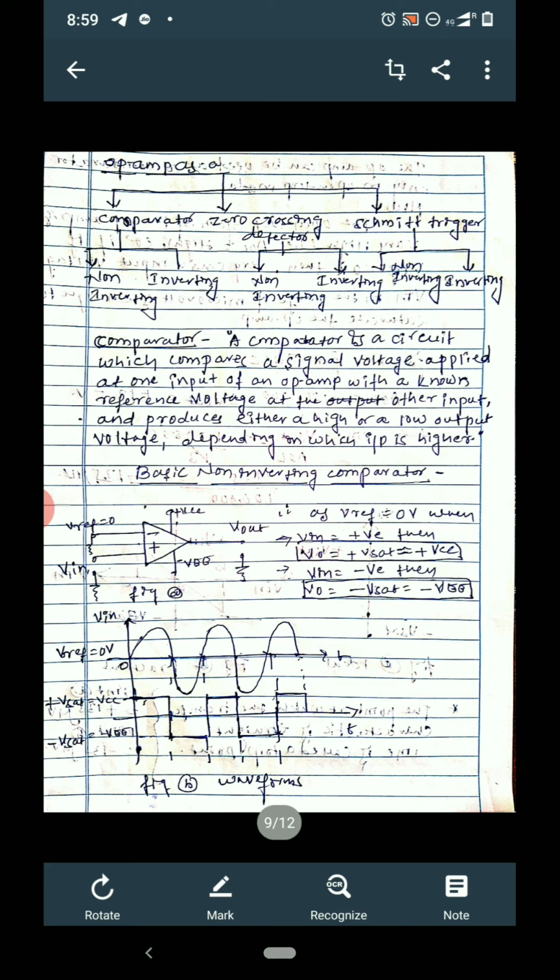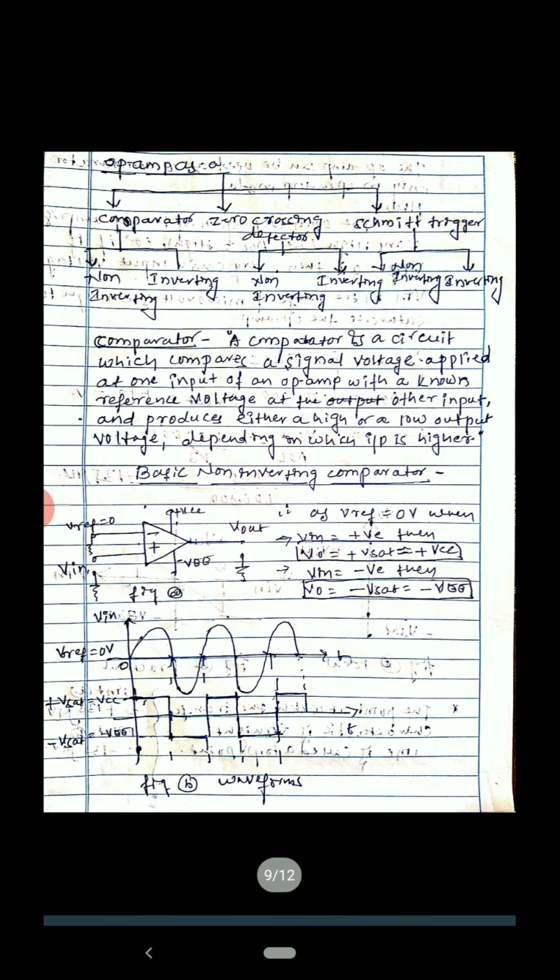Your op-amp is comparing both the given inputs. If V input is greater than V reference, then based on whether your op-amp is connected in inverting mode or non-inverting mode, it will give you result high or low.